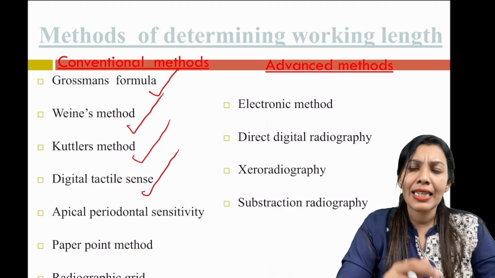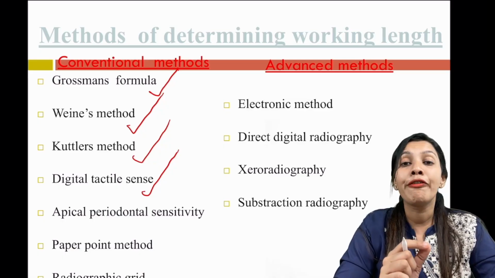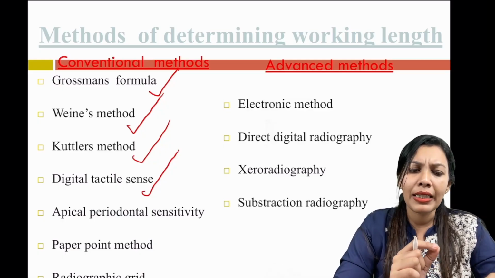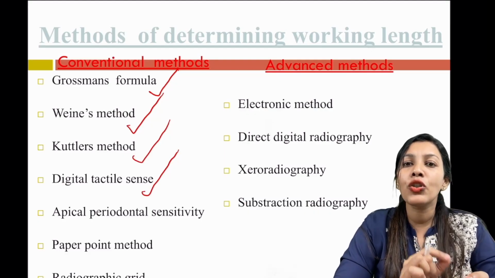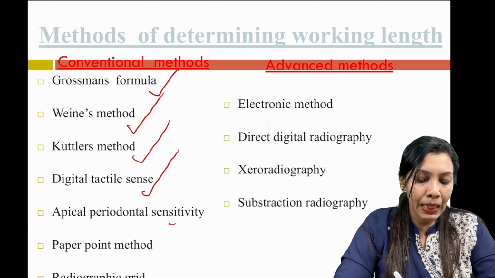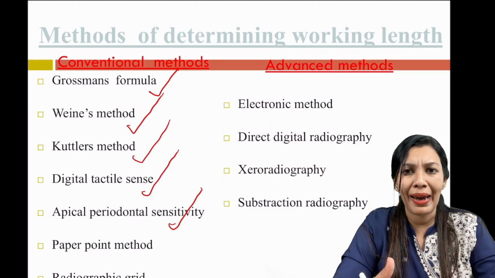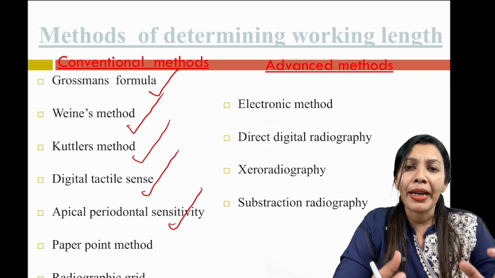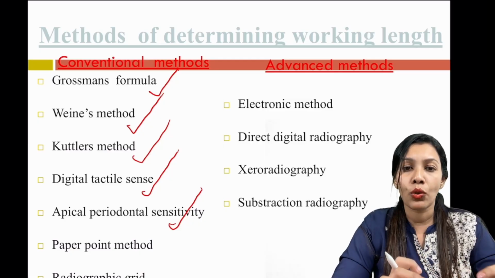Digital tactile sense means through our hand itself we can feel the apical foramen. There will be a particular point after which the file shows resistance. So that is digital tactile sense. Apical periodontal sensitivity is also a particular point at which the patient shows pain when we move our file into the root canal.